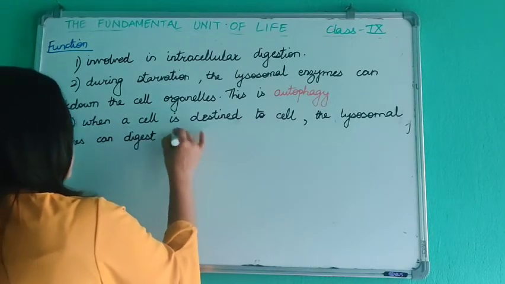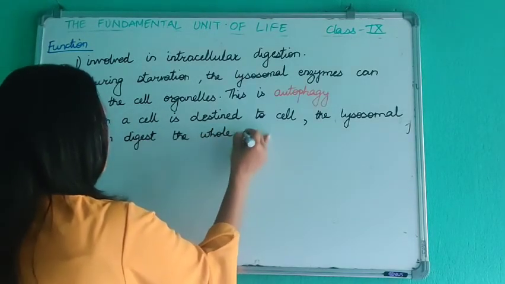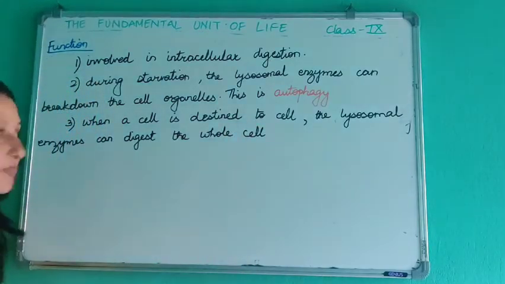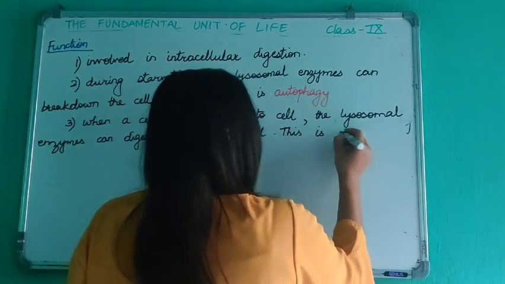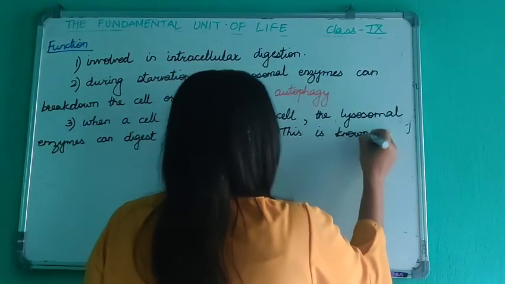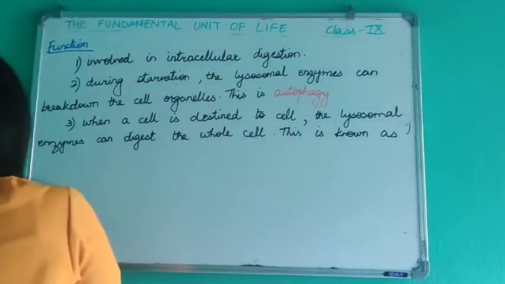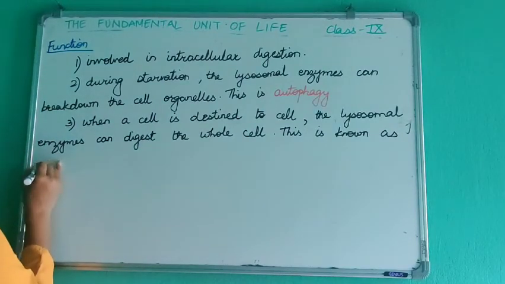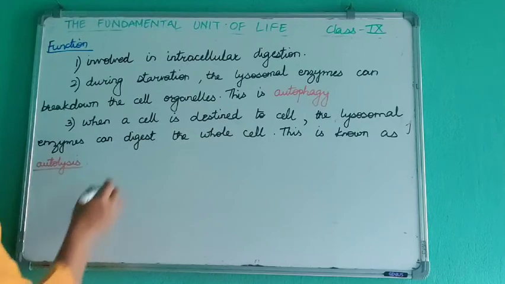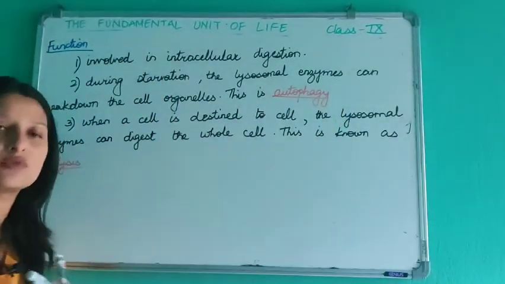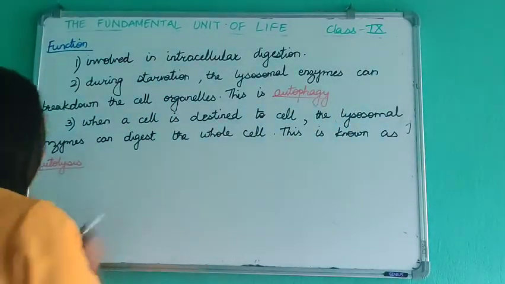Okay, digest the whole cell. त्यो डल्लै सेललाई डाइजेस्ट गर्न सक्छ. This is known as autolysis. अब यो प्रोसेसलाई चाहिँ autolysis भनिन्छ. सो एउटा डल्लै सेल पनि उसले खान सक्छ नि त त्यो लाइसोसोमको एन्जाइम्सले.